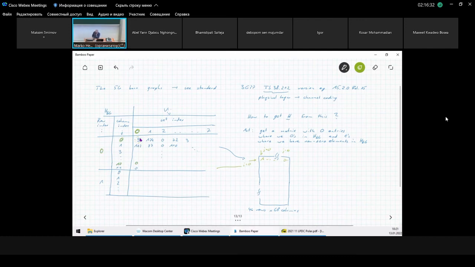Yes, so basically these numbers define in the first step a matrix containing ones and zeros, depending on if the values are here 0 or non-zero. This is the first step.